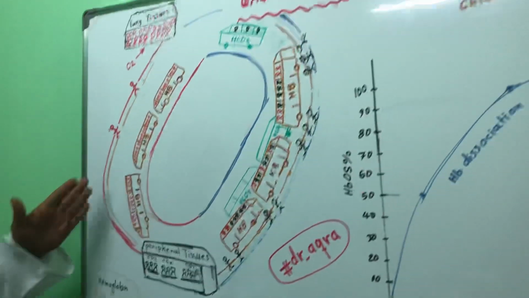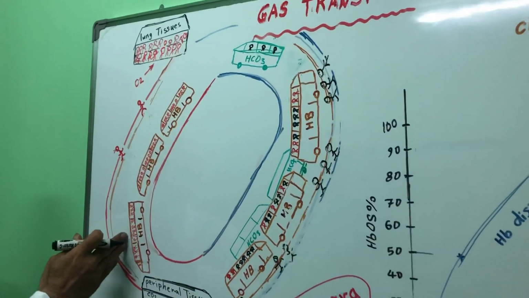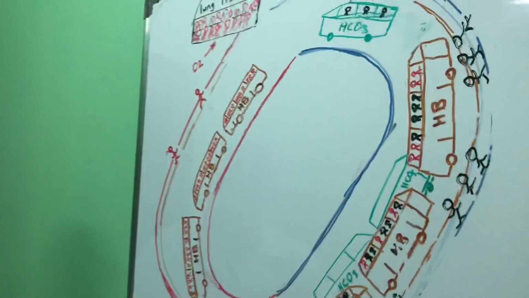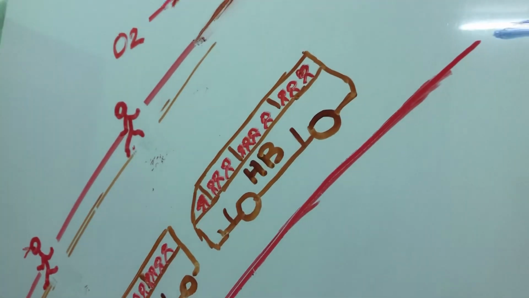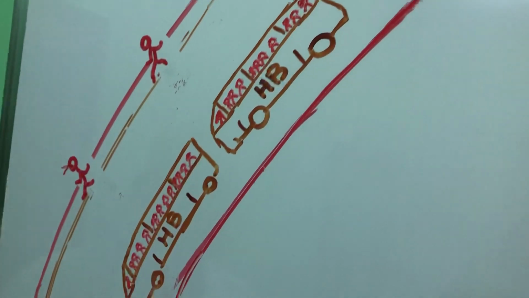Okay, first of all, there is a difference between the transport of oxygen and the transport of carbon dioxide. How? As you see, oxygen is not transported as dissolved gas in the arterial blood. It is transported only bound to hemoglobin.